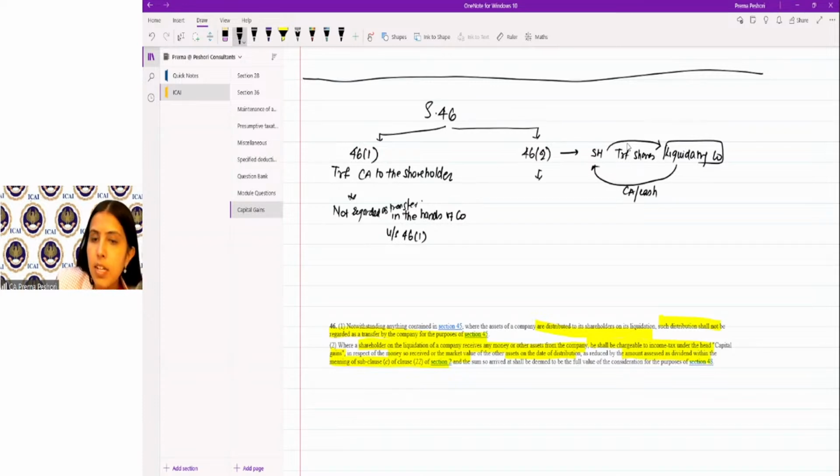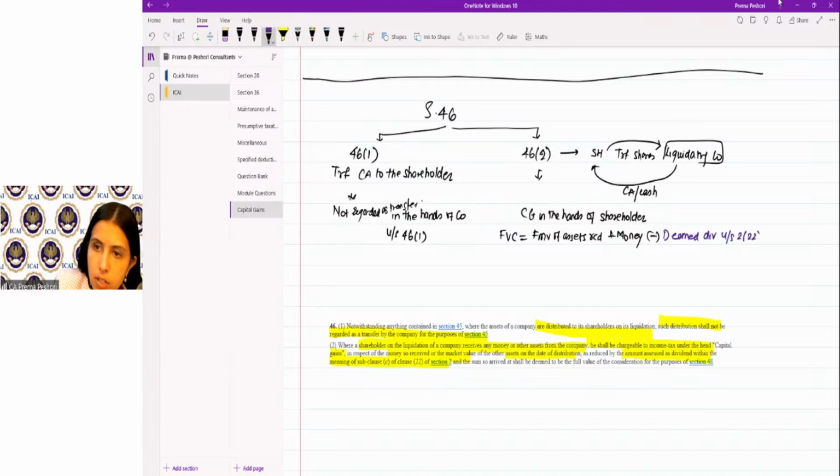So this is taxable in the hands of shareholder. So capital gain in the hands of shareholder. Full value of consideration is equal to FMV of assets received plus money minus deemed dividend under section 222C.